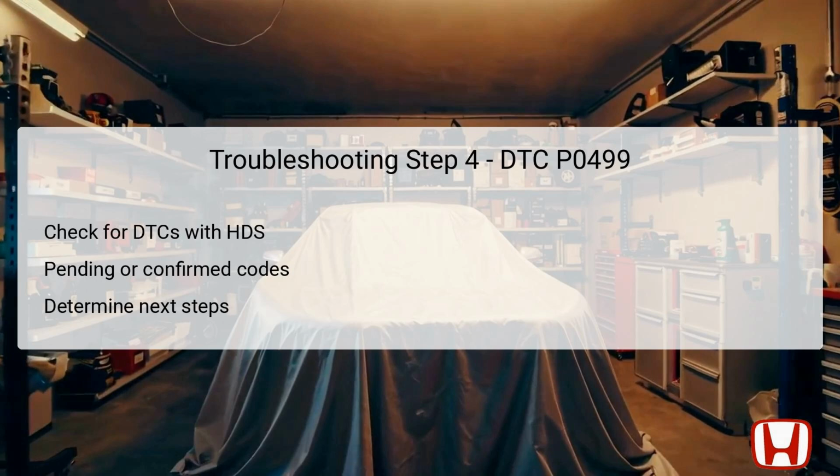The distinction between pending and confirmed DTCs is crucial. Pending codes indicate an issue has been detected but may not yet require immediate attention, while confirmed codes signal that the problem is persistent and warrants further investigation.